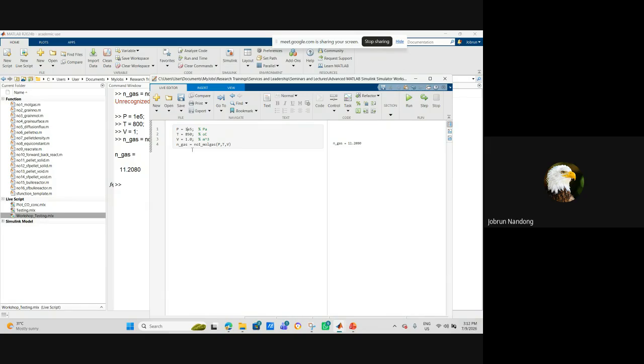Let's say we want to increase it to 10 bar, so that is 10 times 1E5. You run this one. The amount of gas increases from 11 just now to 107 moles inside the same volume, which is 1 meter cubed. Okay, next with this part.